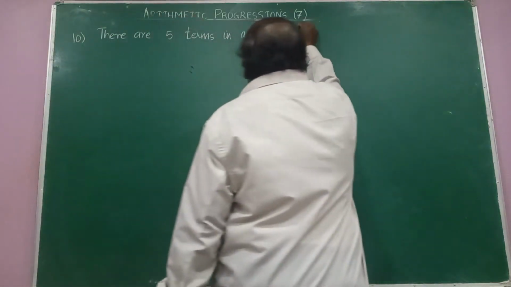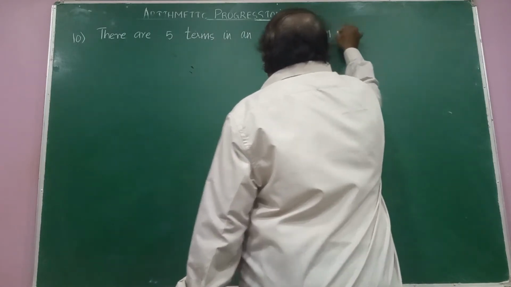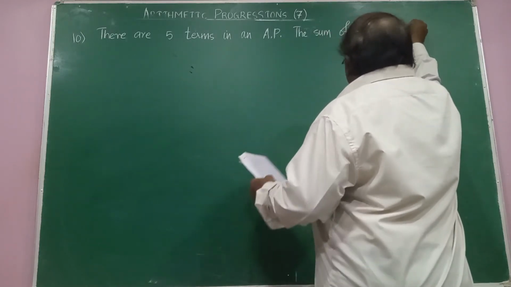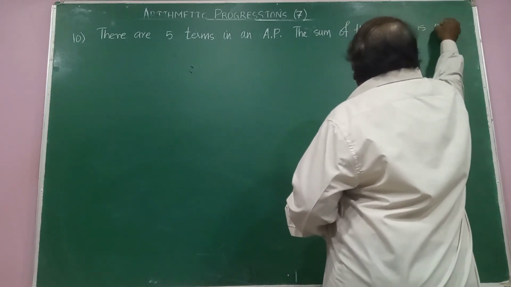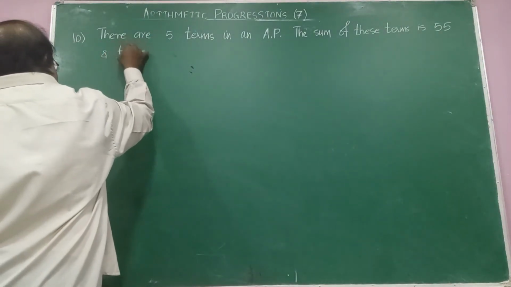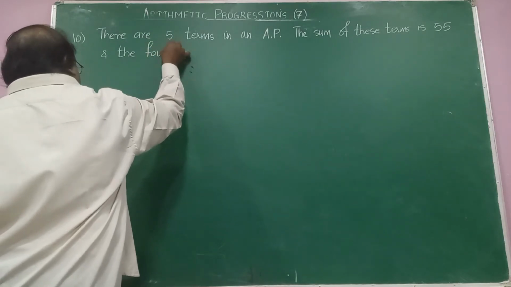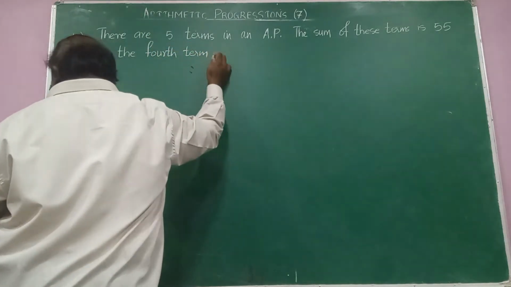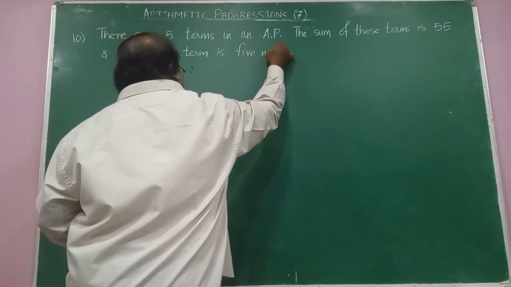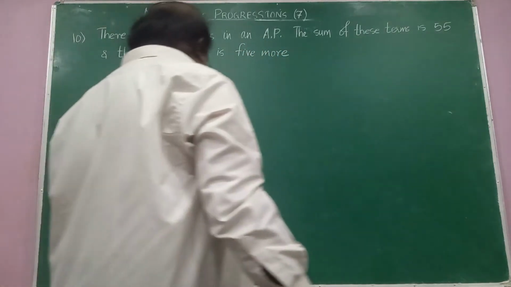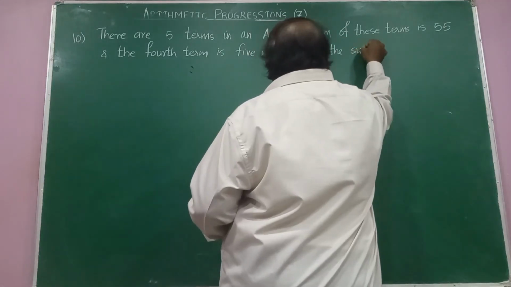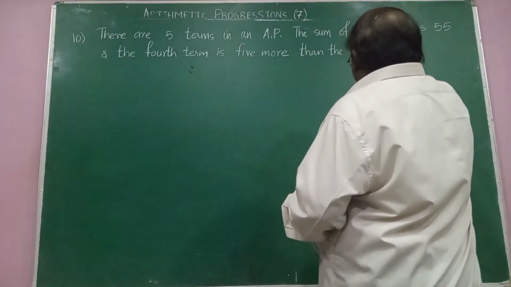The sum of these terms is 55 and the fourth term is 5 more than the sum of the first two terms.